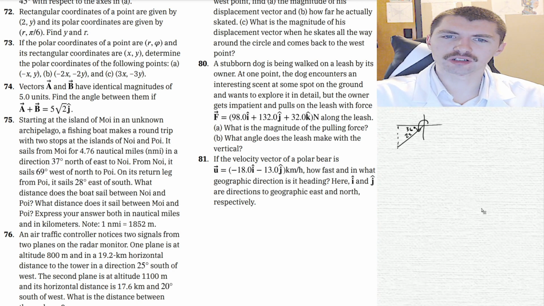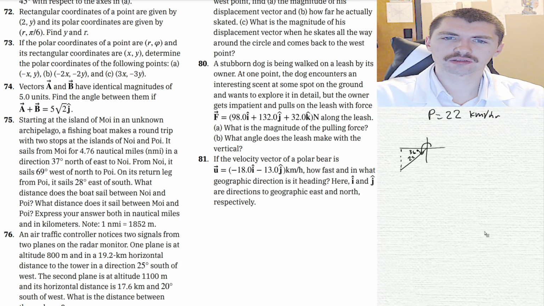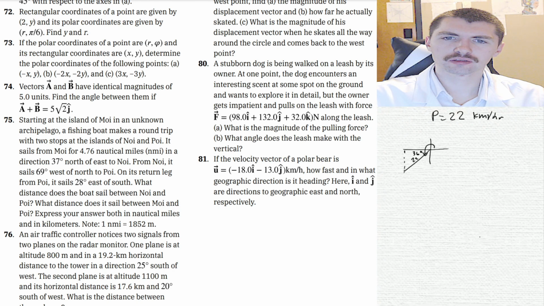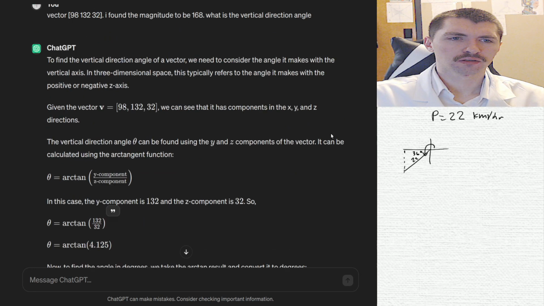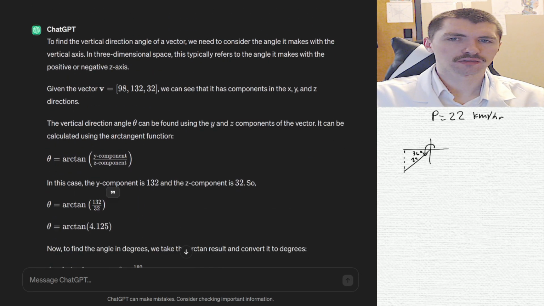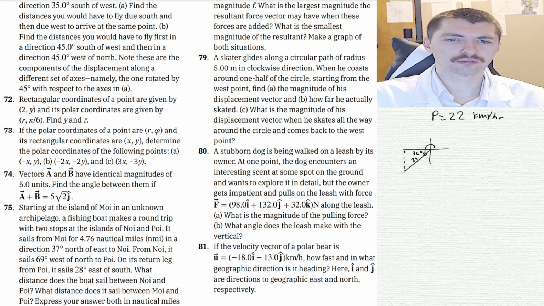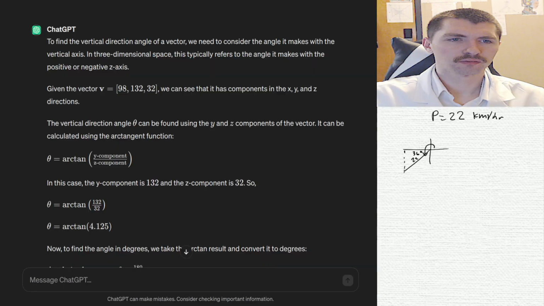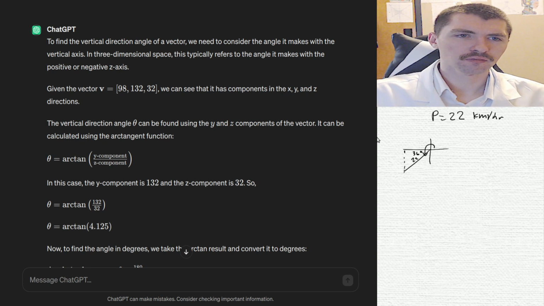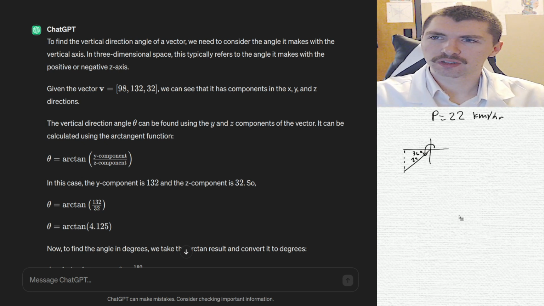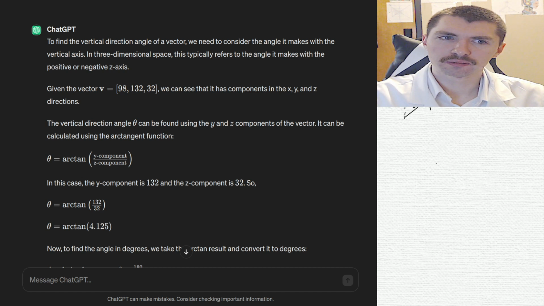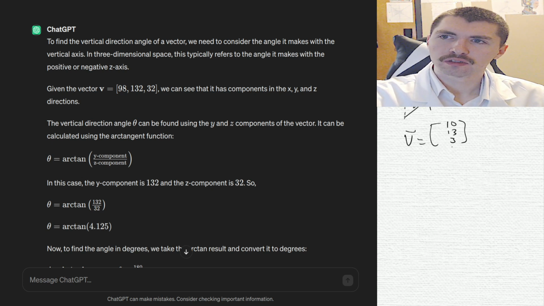Let's return to the stubborn dog. So maybe I should just draw this out. Let's make a simple version. Let's say this is 10, 13, 3. Okay.